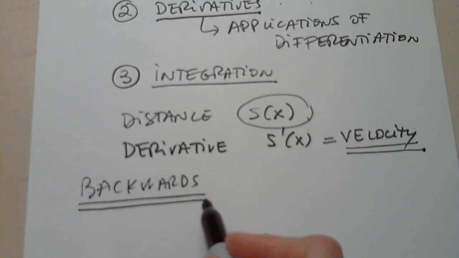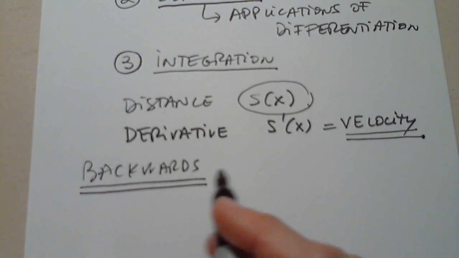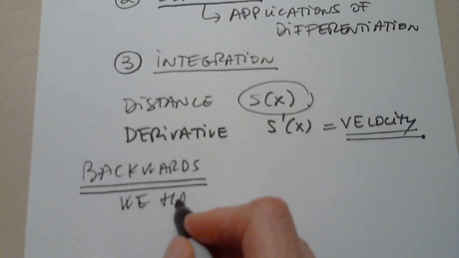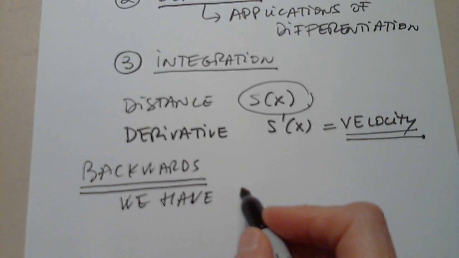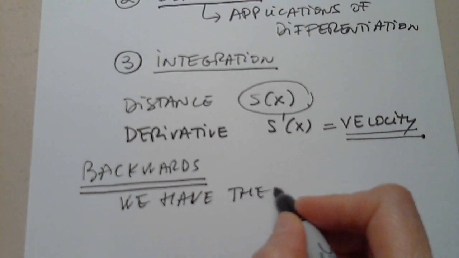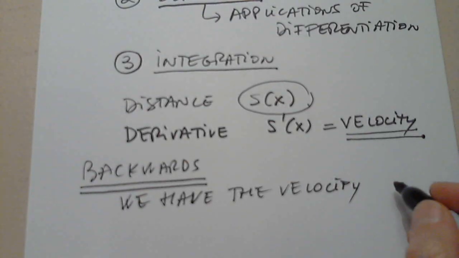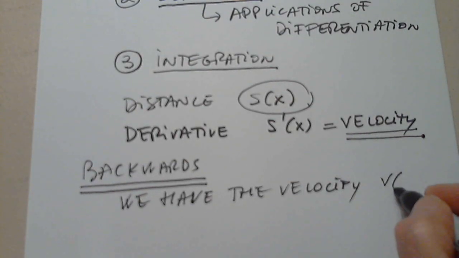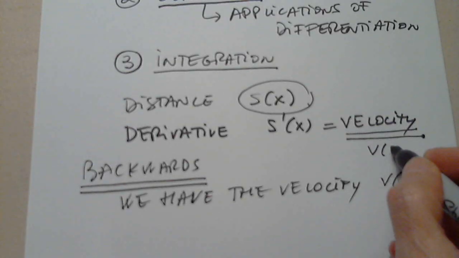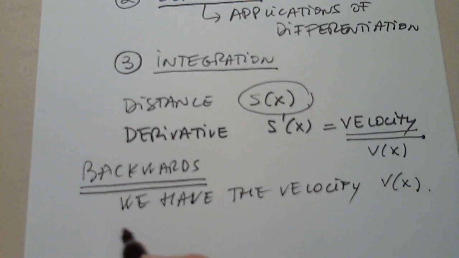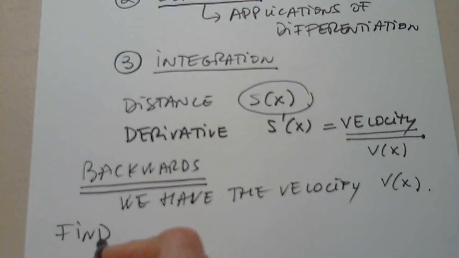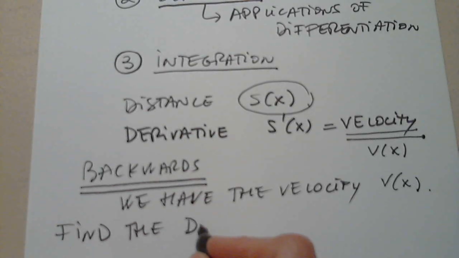What do I mean by backwards? Now we are given the velocity. I am given, in other words, v of x. That's the velocity, v of x. And I'm asked, find the distance function.